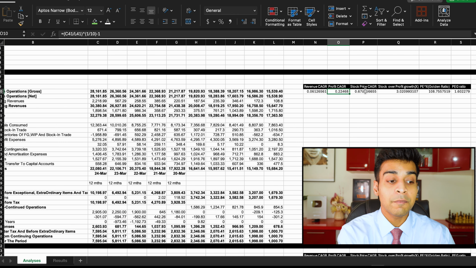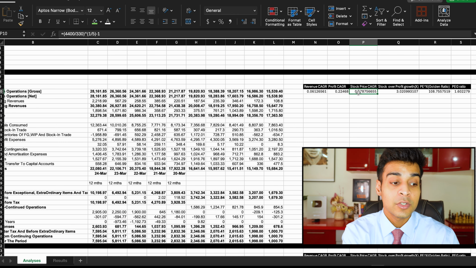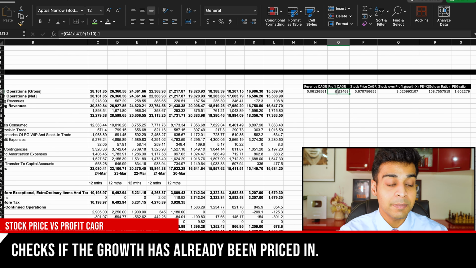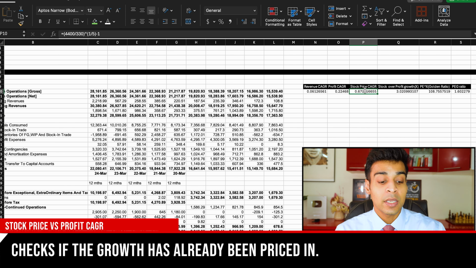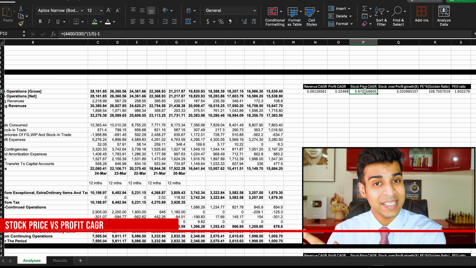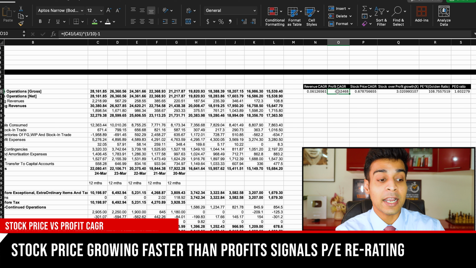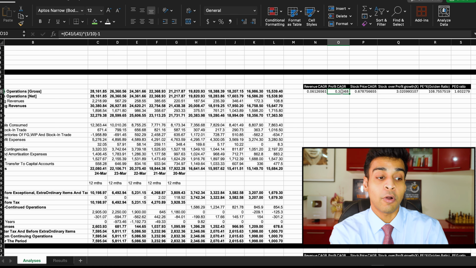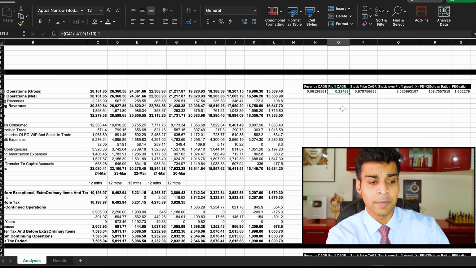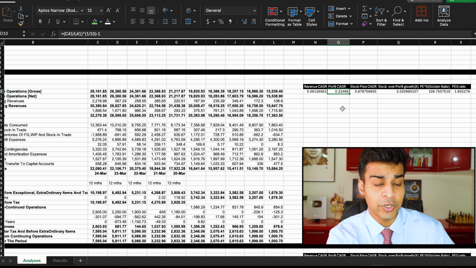We then follow it up with the stock price CAGR. So what this tells me, the comparison between profit CAGR and stock price CAGR, what that tells me is, has the stock been re-rated with relation to its PE, or has the stock actually increased its profits? If the stock price CAGR is a lot, like this is a 67% CAGR, but the profit CAGR in this case is good, but if it had been, let's say, 0.1, right?